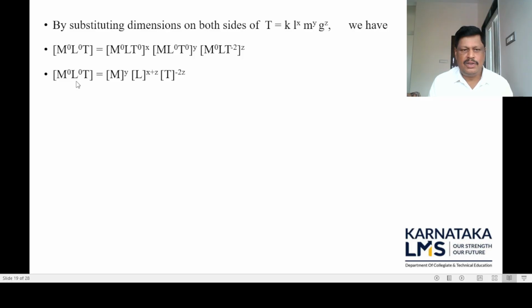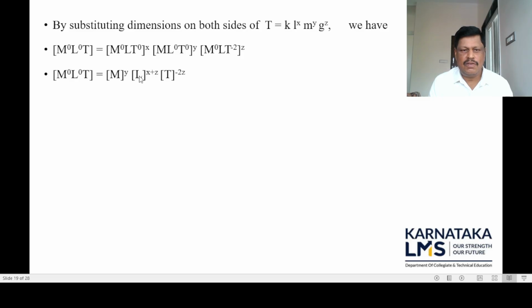So M to the power of 0, L to the power of 0, T is equal to, here M to the power of y only is there. There is no x term, there is no z term, only M to the power of y from this formula. And here L to the power of x, there is no y term, here L to the power of z is there.